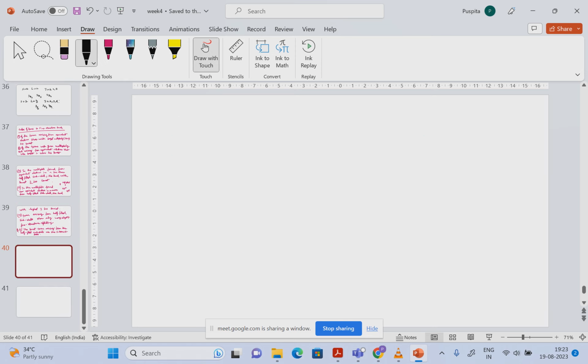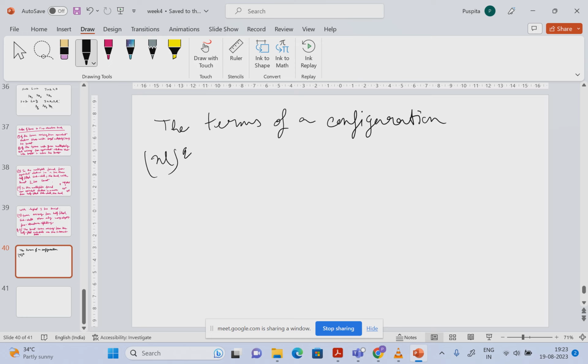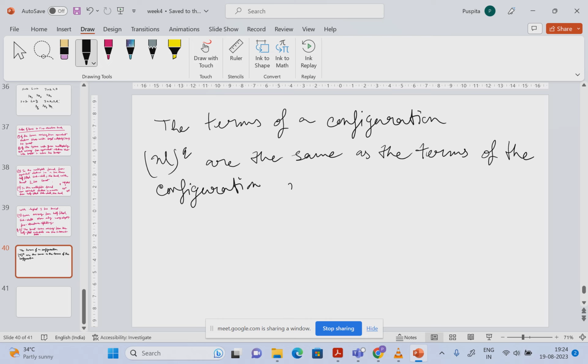Then another rule is there. The terms of a configuration nl^q are the same as the terms of the configuration nl^(R minus q), where R is 2 into (2L plus 1).